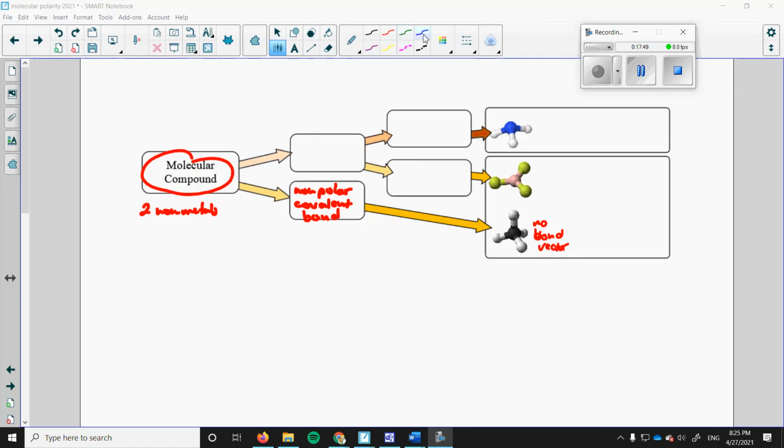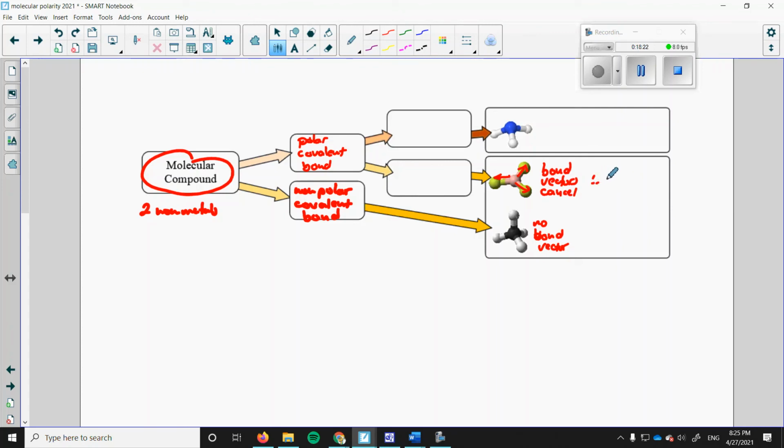Then you might have the following: a polar covalent bond. If you have a polar covalent bond, two things could happen. One is that the poles, the bond vectors, all cancel. If the bond vectors all cancel, there's no overall charge. So here we're going to put down bond vectors cancel.